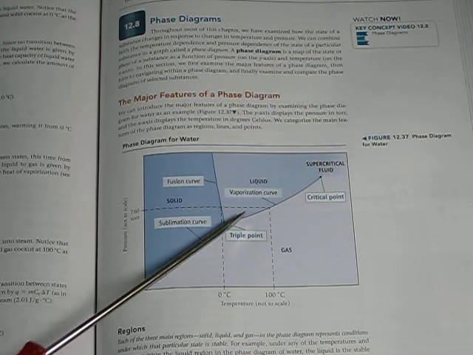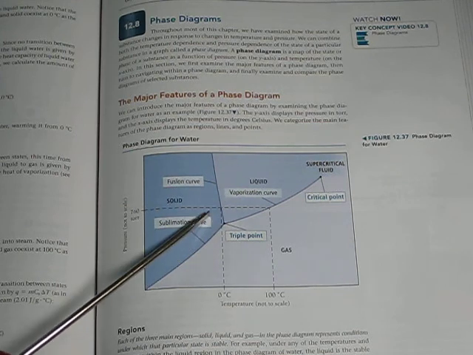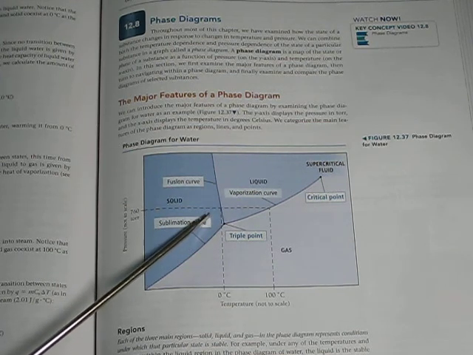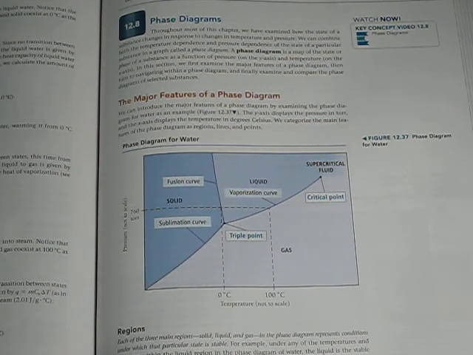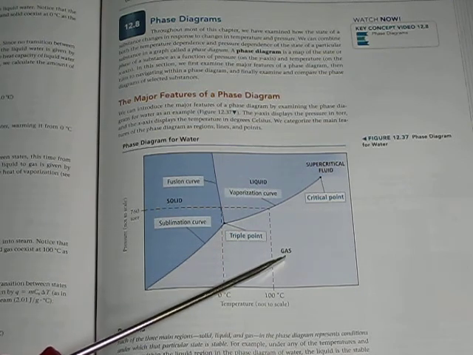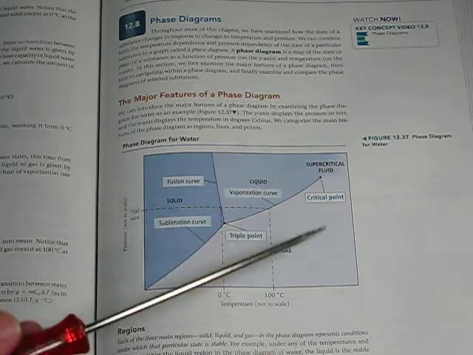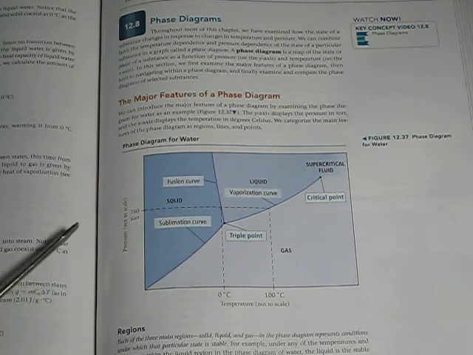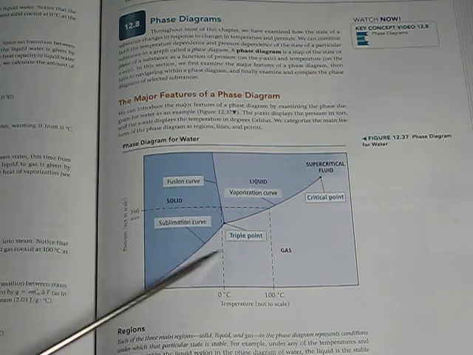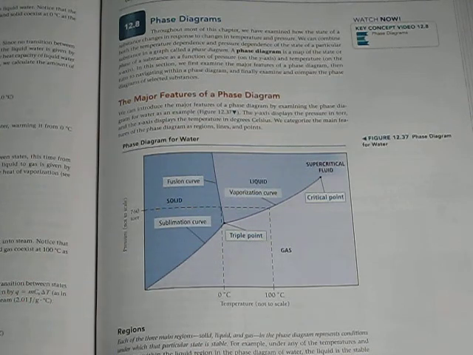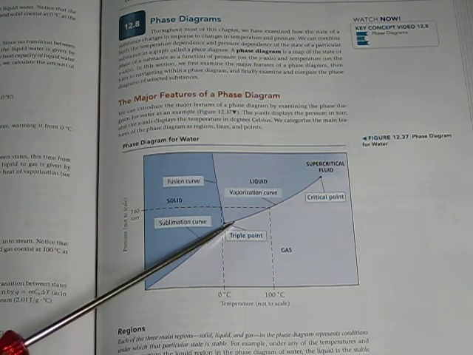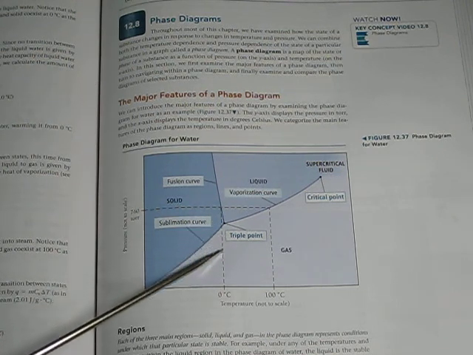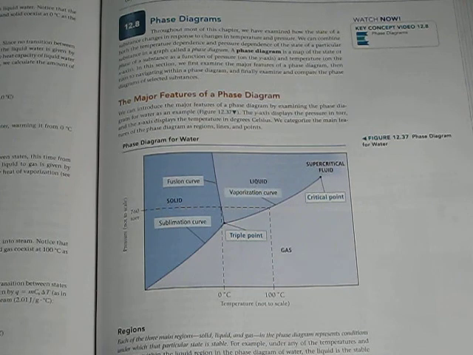Solid is melting to form a liquid, but at the same time the solid is subliming to form the gas, and at the same time the gas is condensing to form the liquid, and the gas is depositing to form the solid. All things are happening at the same time. And the liquid is forming the gas, gas forming the liquid. All of these processes are going on right there. If you happen to find that exact right pressure and that exact right temperature, you'd be at the triple point.